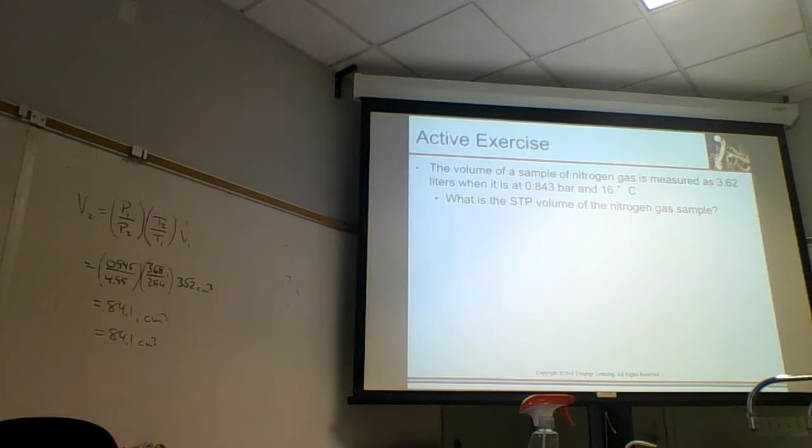The volume of a sample of nitrogen gas is measured as 3.62 liters when it is at 0.843 bar and 16 degrees C. What is the STP volume of the nitrogen gas sample? The STP volume of the nitrogen gas sample.